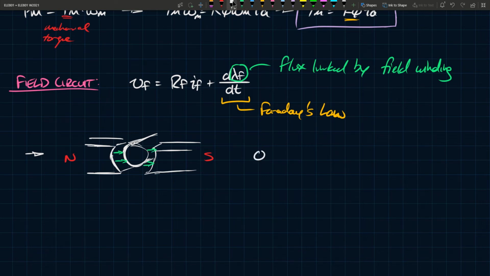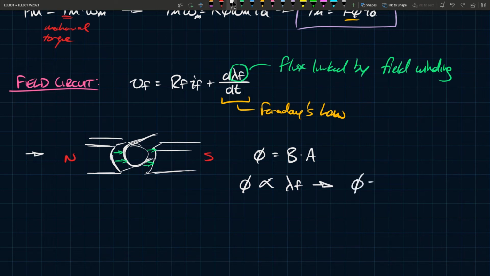Essentially, you can say that the flux is equal to B times A, where B is the flux density and A is the cross-section area. But again, this is assuming a uniform radial flux density B, which is a fair assumption to make. We can then say that the flux phi is proportional to lambda F, and the constant of proportionality we call K prime.